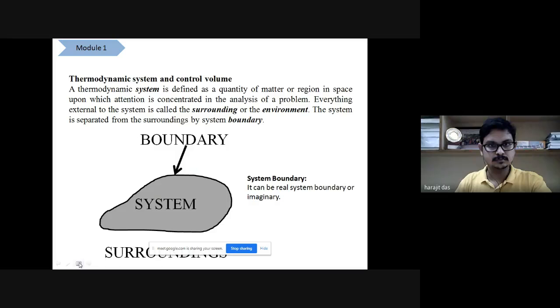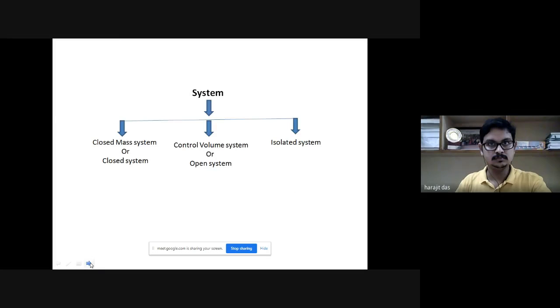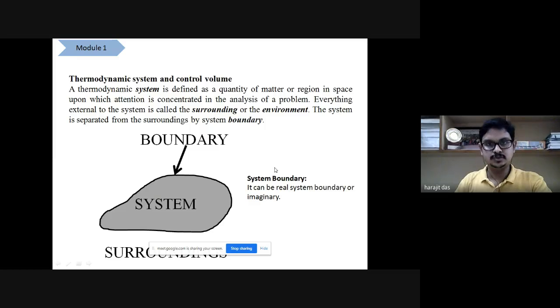Now let's come to the main two things, that is system, the thermodynamic system, which is also sometimes called control volume. Where it is called control volume, I will tell you.